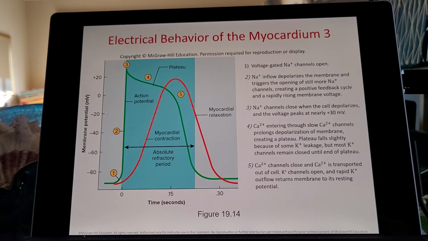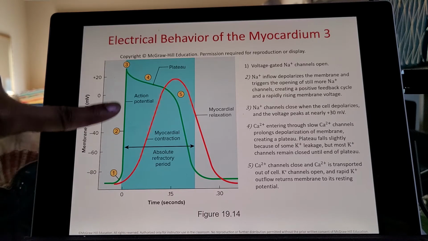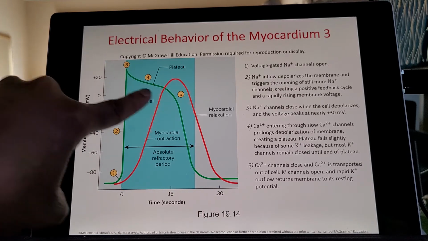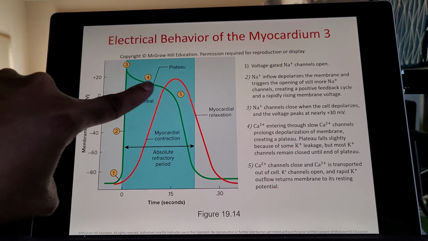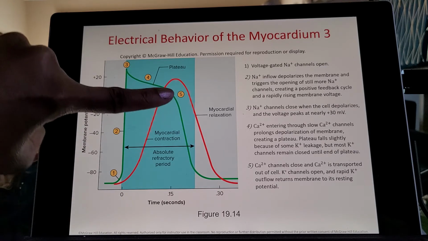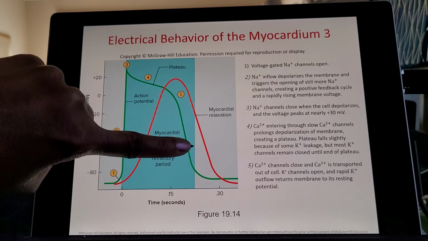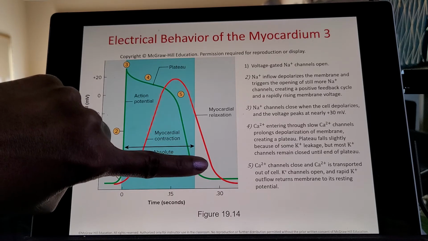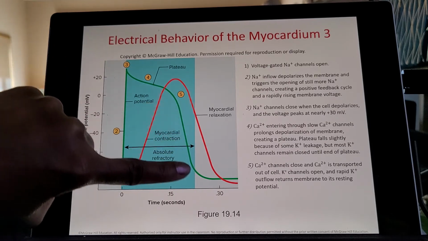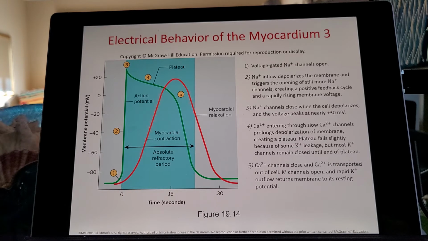Okay, so here is a drawing of our cardiomyocyte action potential. Again, we have our depolarization, sodium coming in; our plateau, so we're staying positive with calcium coming into the cell; and repolarization, where potassium is going out of the cell, making the inside of the cell more negative, and going back down to rest.